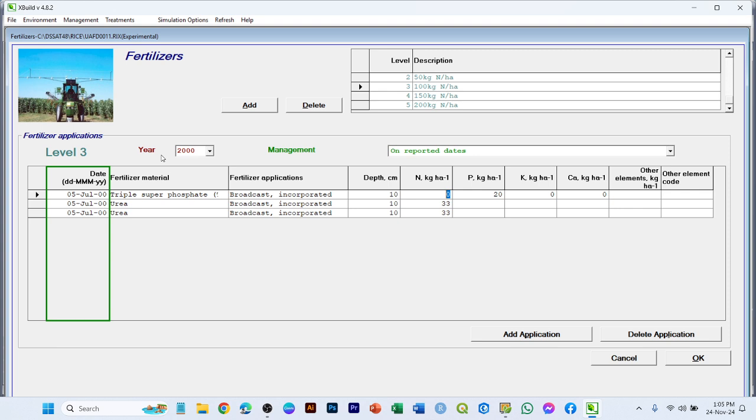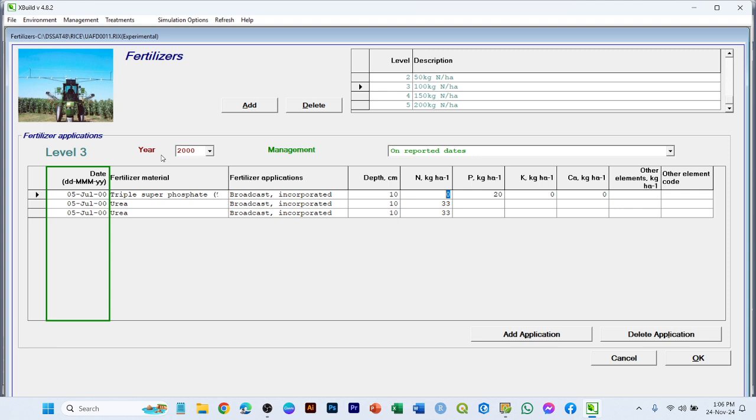again you have to add an application. You have to zero this one, then, for example, 60 kg.